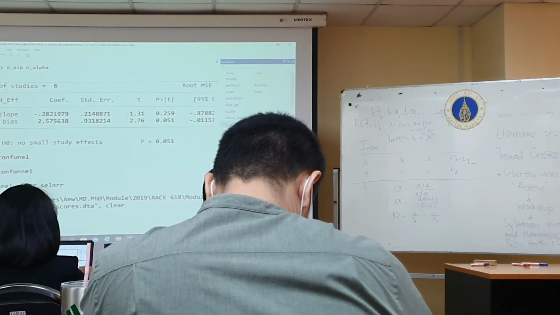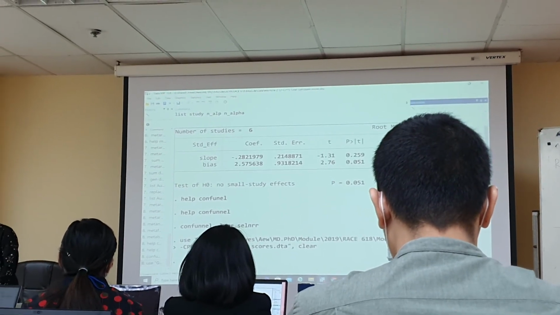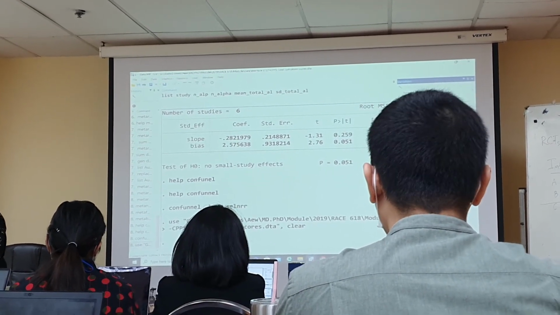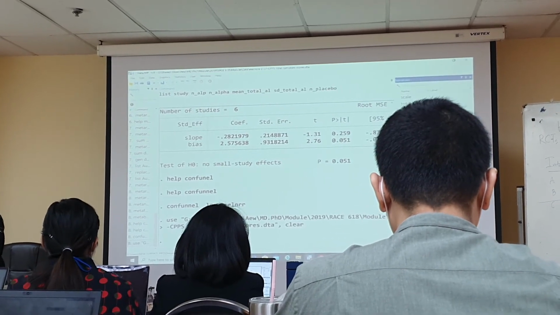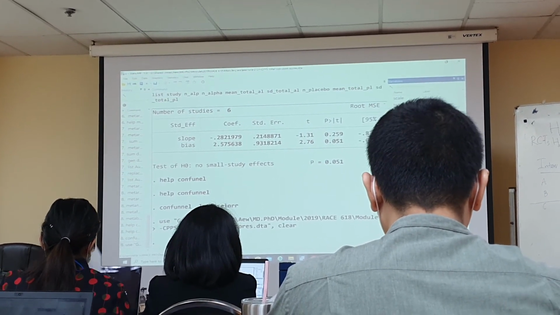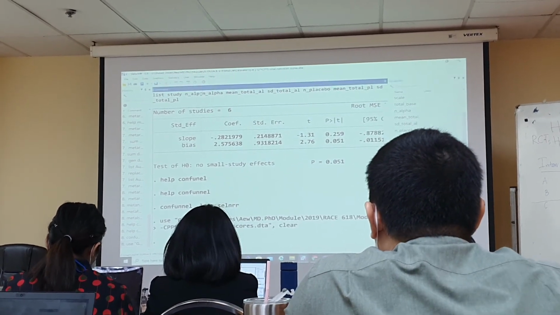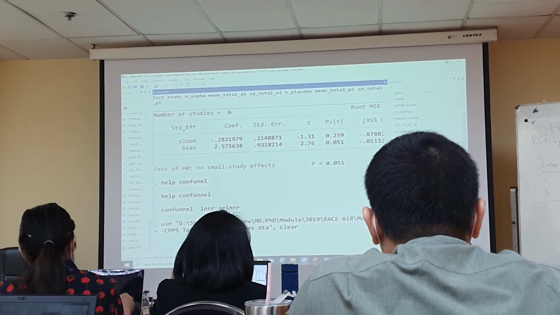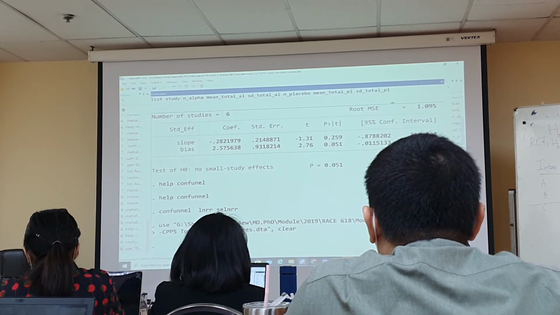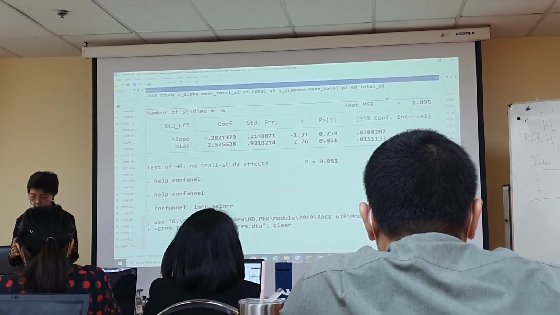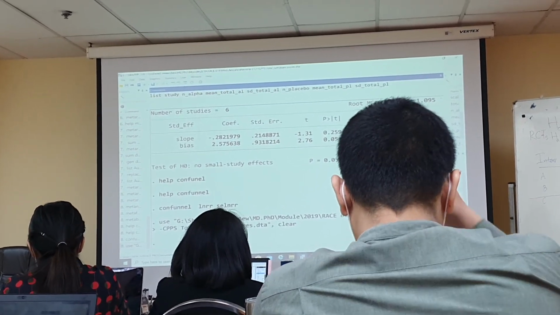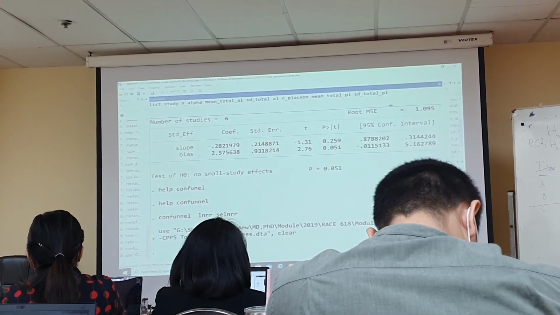What we need for this is the total N, mean, and SD for alpha blocker, and the same for placebo, as I mentioned at the beginning: N, mean, SD.